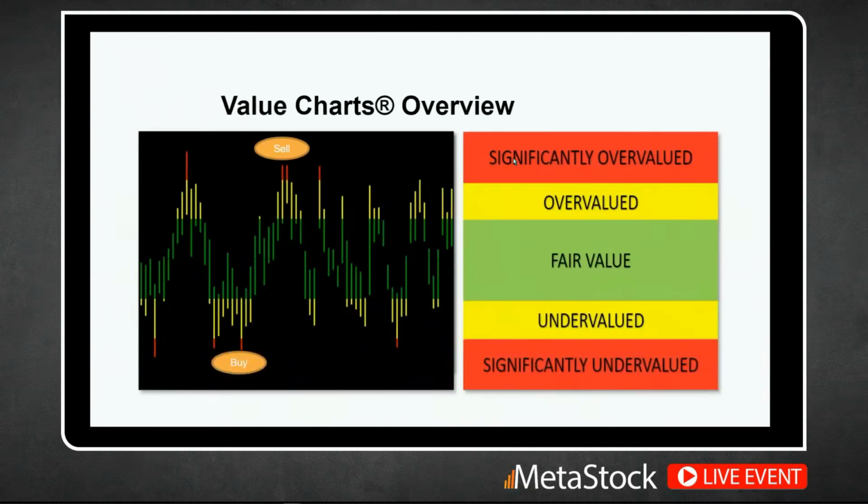And then for value charts, let me go backwards. Value charts is much different. The way they work is they base the current price action on value. The idea behind this is to know when to get into a trade.